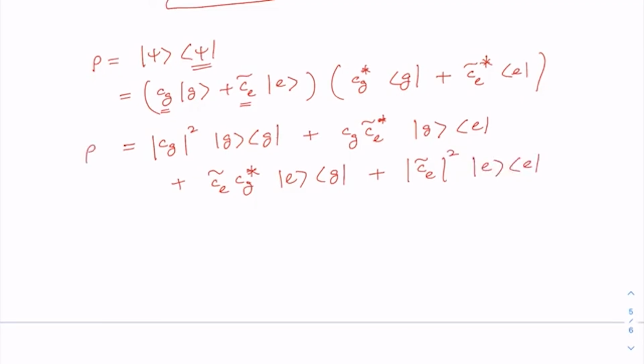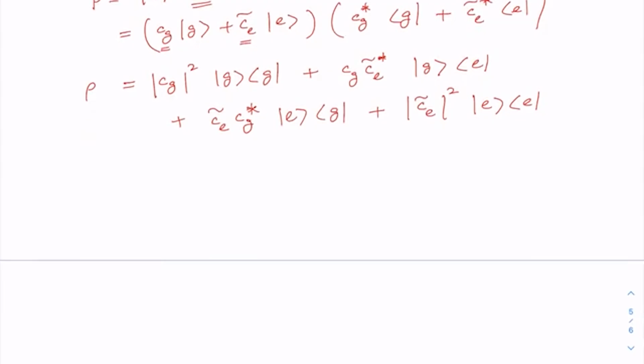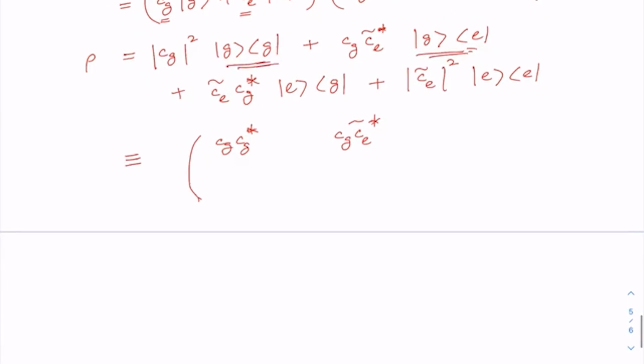Okay, so this is what you have, and this can be written in a matrix form very easily in the basis states, ket Z and ket E. If you take it as your basis, then you will be able to write it as mod Cz square, Cz Ce tilde star, and from here again Ce tilde Cz star, and finally mod Ce tilde square.